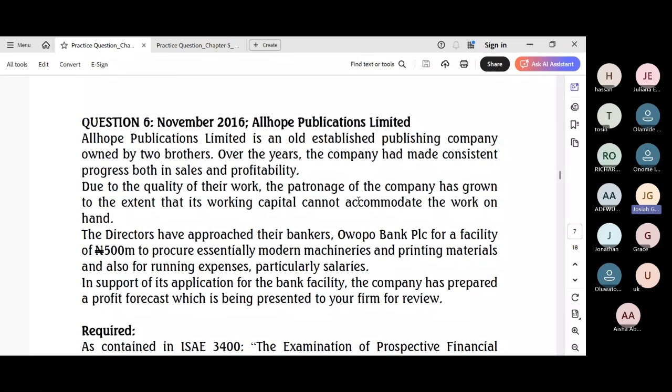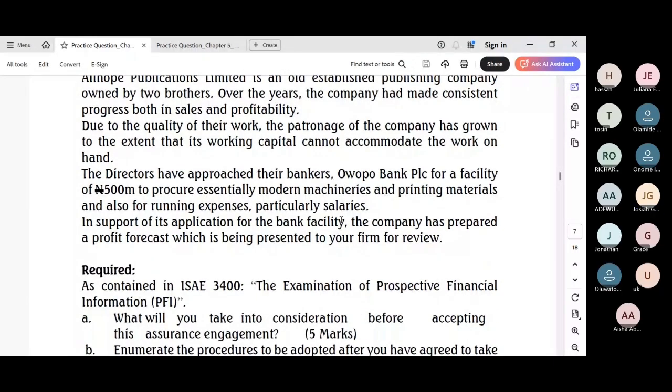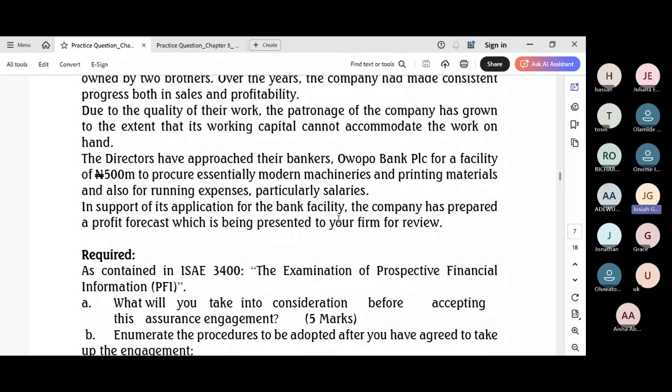Due to the quality of their work, the patronage of the company has grown to the extent that its working capital cannot accommodate the work on hand. The directors have approached their bankers, Owopo Bank PLC, for 100 million to procure essential modern machineries and printing materials, and also for running expenses, particularly salaries.